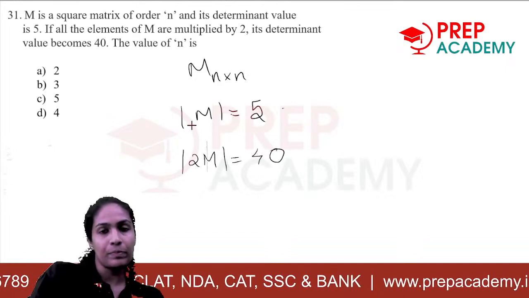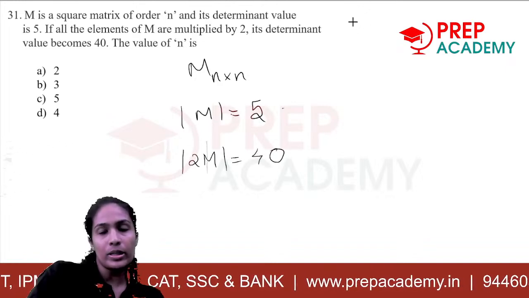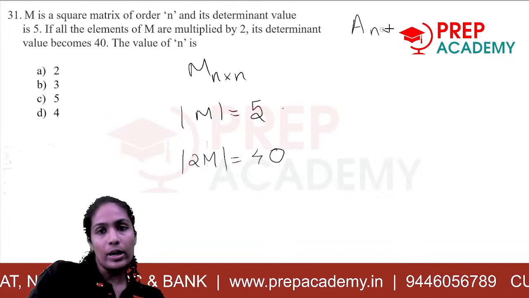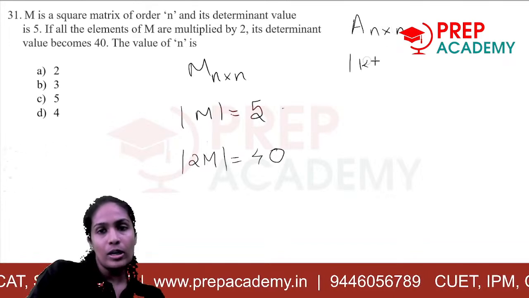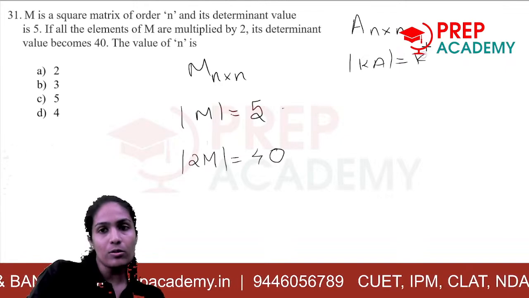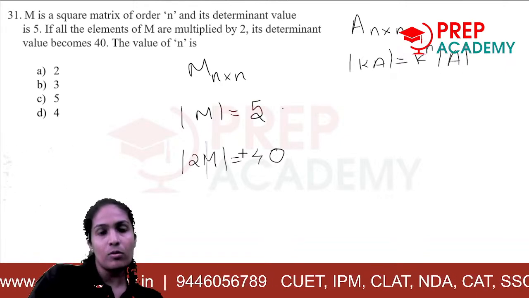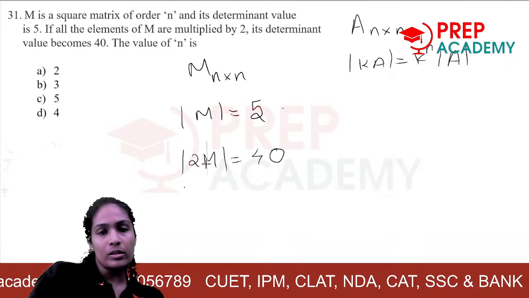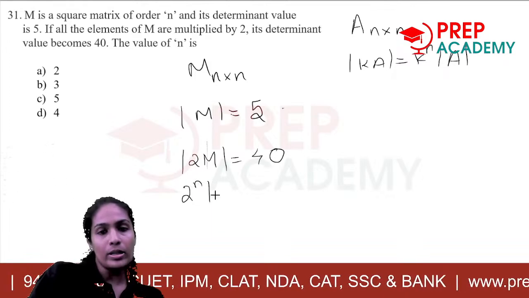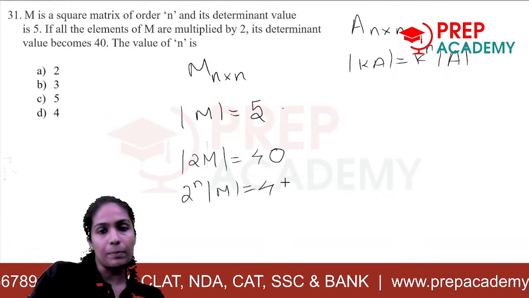Now to find n, there's a property that if A is of order n by n, then determinant of kA is equal to k raised to n into determinant A. On applying that property, determinant of 2M is equal to 2 raised to n, determinant M, which is equal to 40.